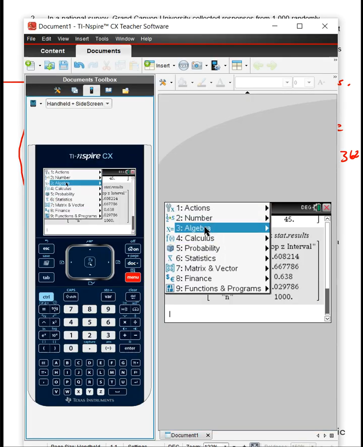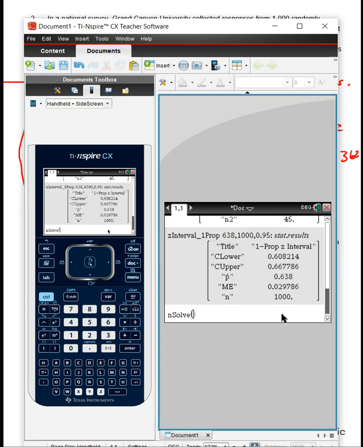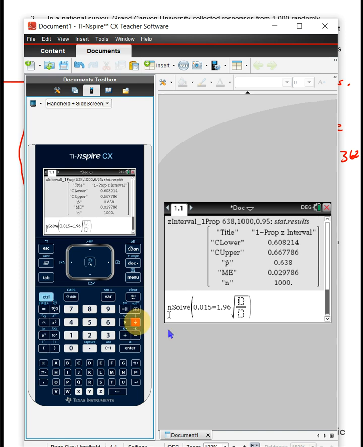We put all that into numsolve, so let's bring up the calculator again. Menu, algebra, numerical solve, and we're going to do 0.015 equals 1.96, control, get the square root, then hit control divide, and we have 0.5 times 0.5 over n, get out of there, comma n.